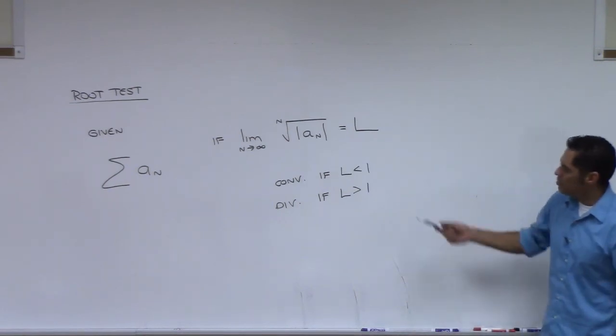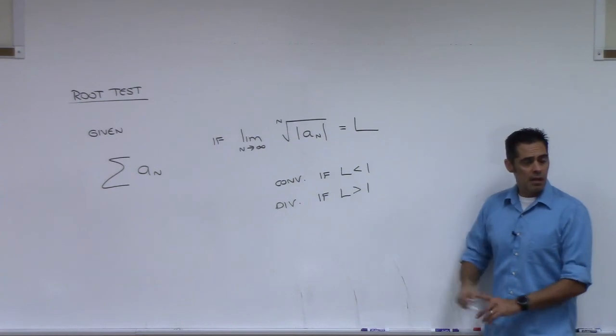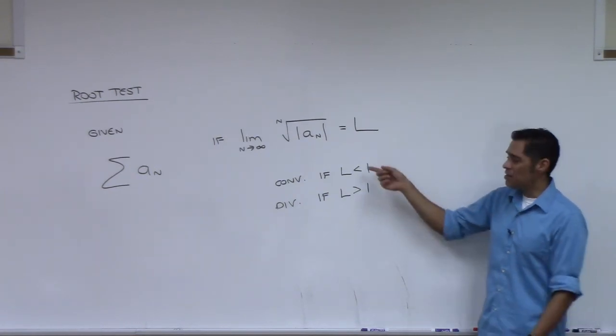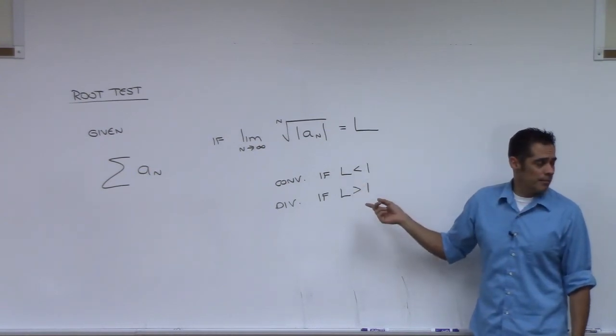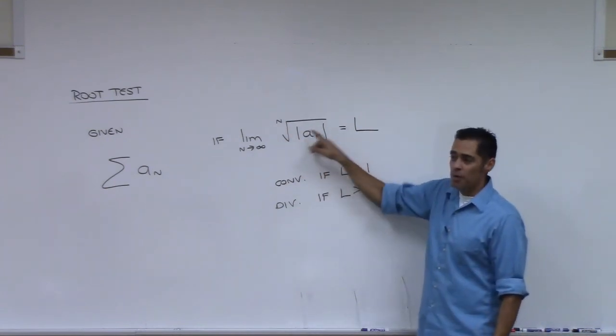Isn't it the same sort of thing as the ratio test? We're going to take a limit, figure out what it is, and then ask ourselves if it's less than 1 or greater than 1. But the limit we're doing is not the ratio, is it? It's the nth root of something.